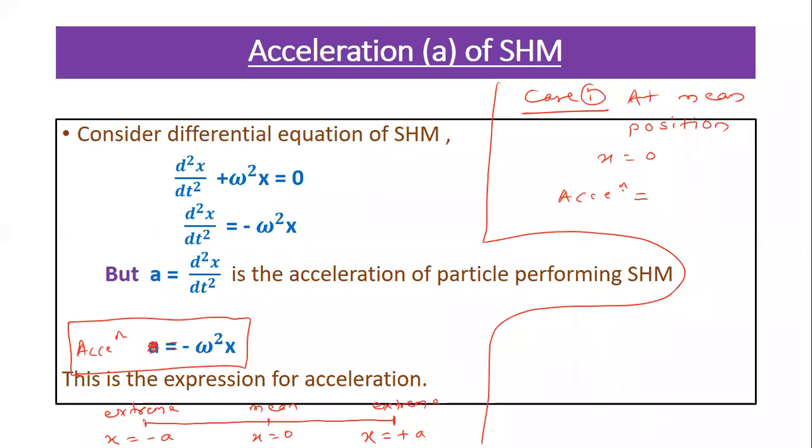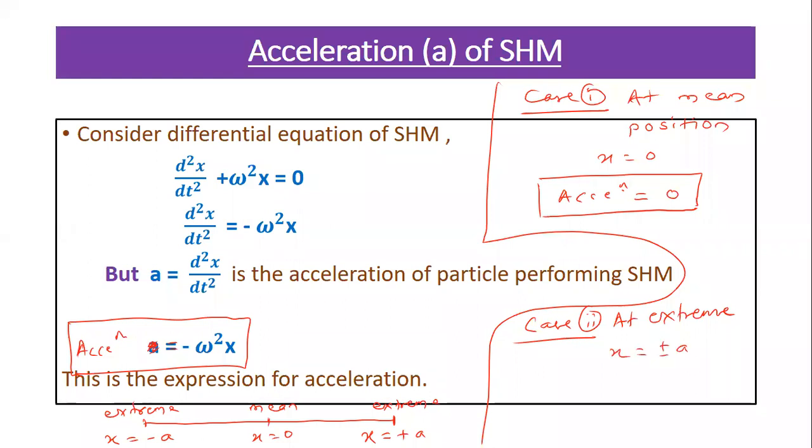How much is the acceleration at mean position? Let me substitute x equal to 0 in the formula of acceleration. So we get acceleration is equal to 0 at mean position. Now case number 2, at extreme position. At extreme position, x is equal to plus minus a.